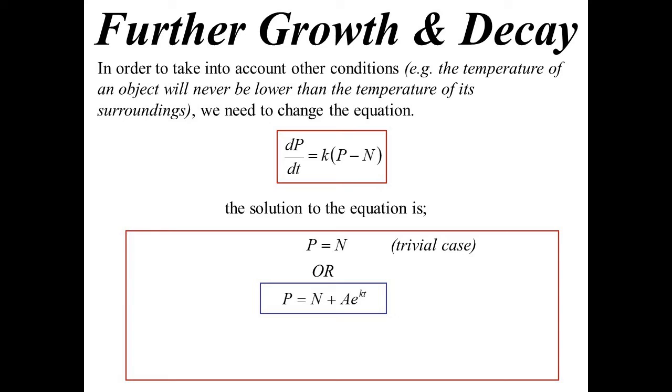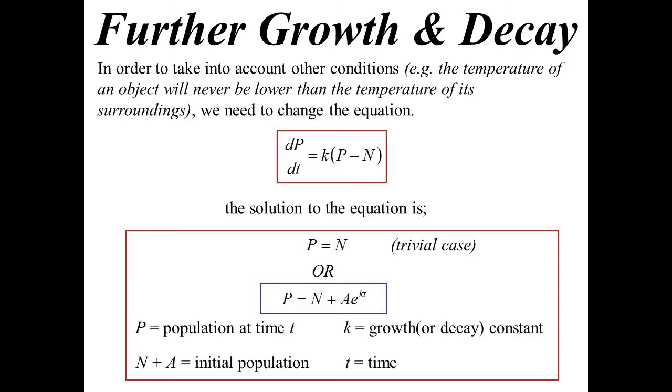It'll rise but never go past it, or come down but never go below it. So N would be the asymptote on our graph. P, still population, the initial population will now be N plus A, because if you sub t equals 0 in, you'll get N plus A. k is still our growth or decay constant, and t is, of course, still time.